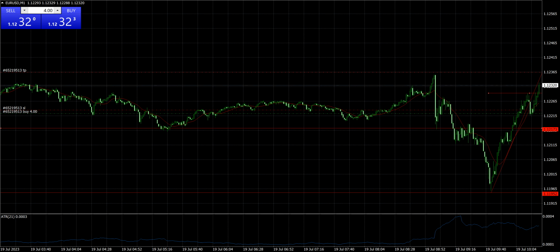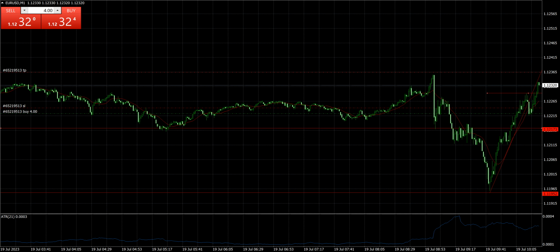I'm going for a little over 2 to 1 right in here, but I'm going to trail it more aggressively as price continues to show me this momentum. Aggressive. My stop loss, about 2 pips.